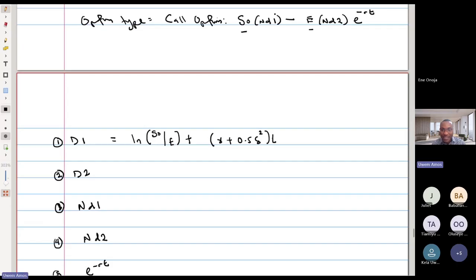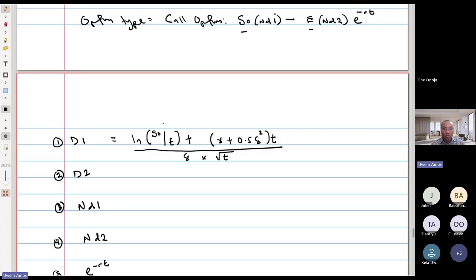We multiply that by T, divided by our standard deviation multiplied by the square root of T. So we're going to put all of those into our formula and get it out.